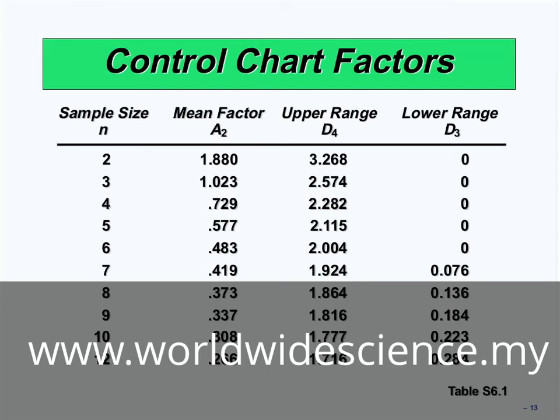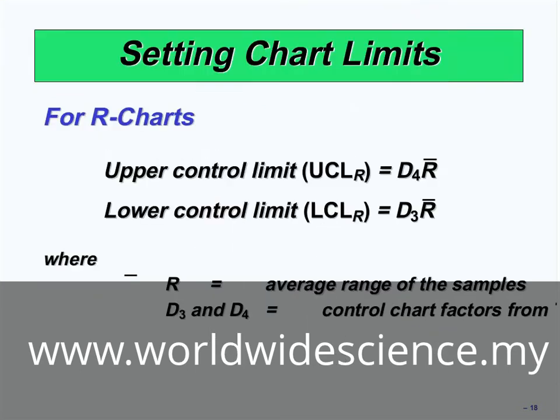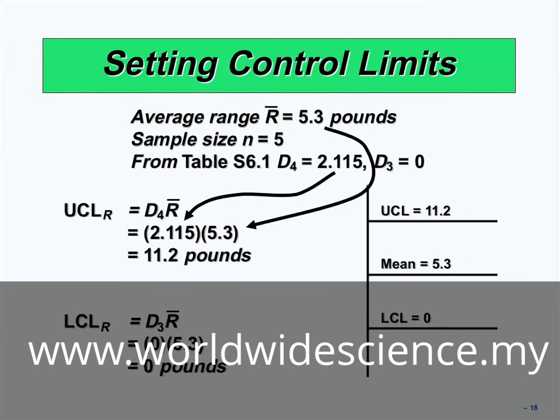Okay, everything is clear. Let's continue. UCL equals D4 multiply R bar.